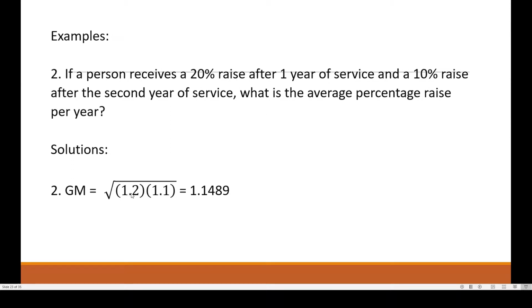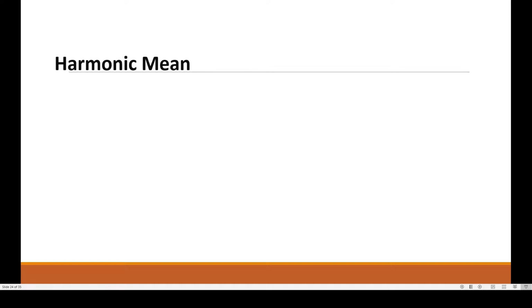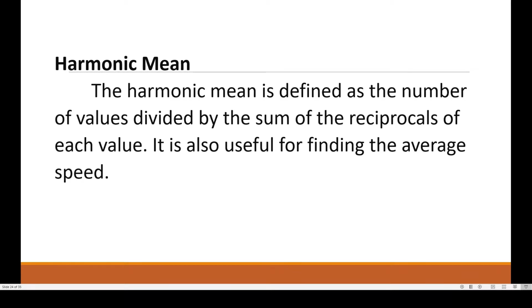So 1.2 for the 20% times 1.1 for the 10%. The square root of the product is equal to 1.1489. So that means the average percentage raise per year is 14.89%.